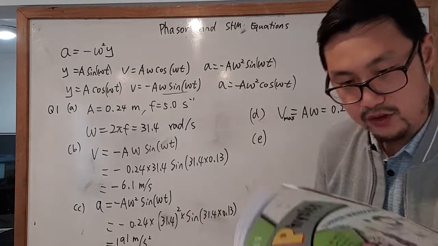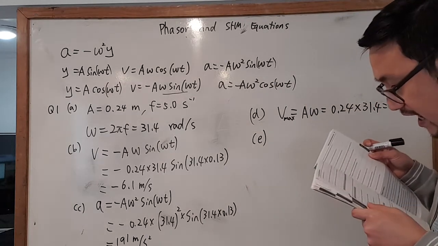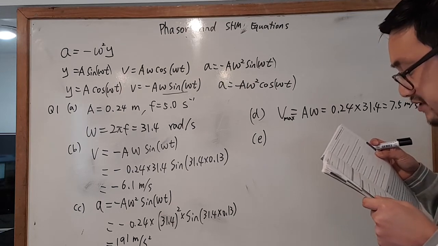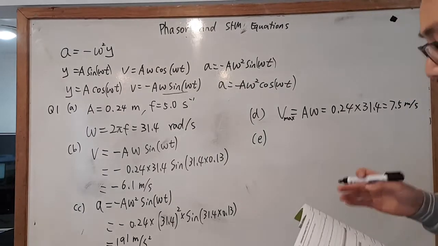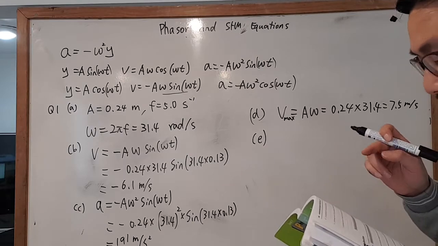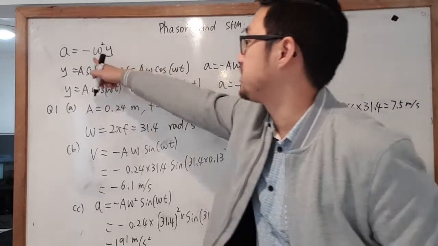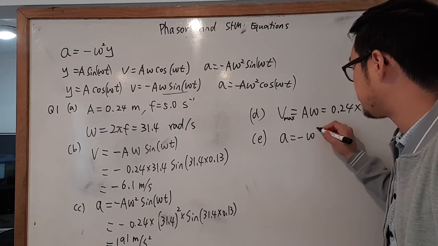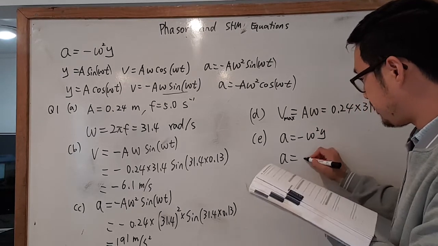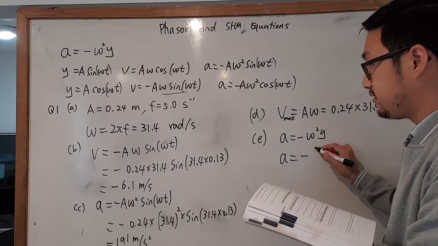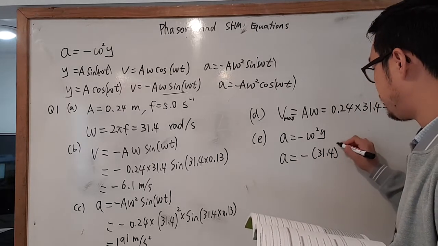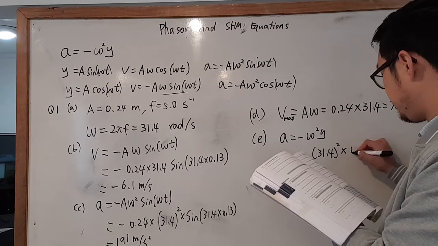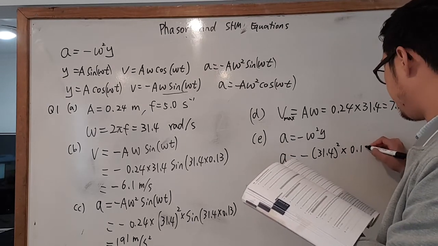Question E. Calculate the size of acceleration of the object when its displacement from the equilibrium position is 15 centimeters. Now we want to know acceleration. We can use this equation, which gives us displacement: a equals negative omega squared y. So acceleration equals negative 31.4 squared times displacement, which is 0.15.